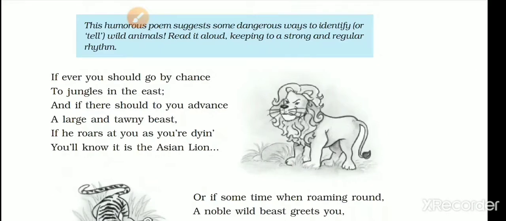If ever you should go by chance to jungles in the east, and if there should to you advance a large and a tawny beast, if he roars at you as you are dying, you will know it is the Asian lion.